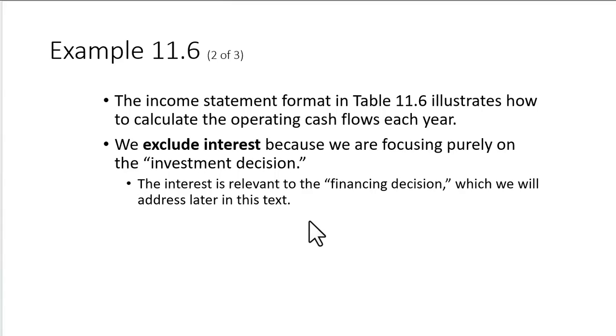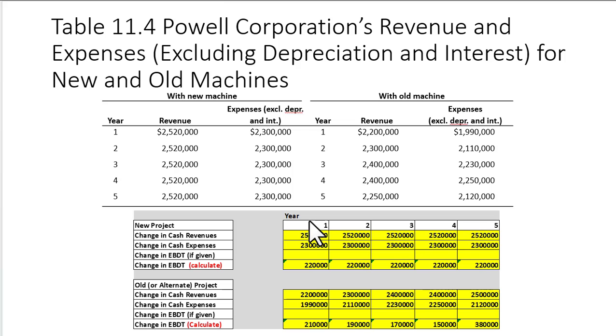So interest and the costs of financing are incorporated in the decision, but they're incorporated in two different places. In one instance, they're incorporated in the cost of financing as a requirement, and in the other, we're not going to include it there so that we don't double count it. So again, interest is not included in our statements.